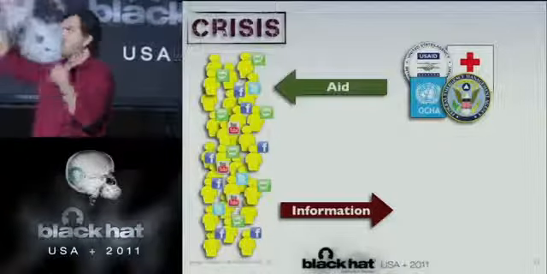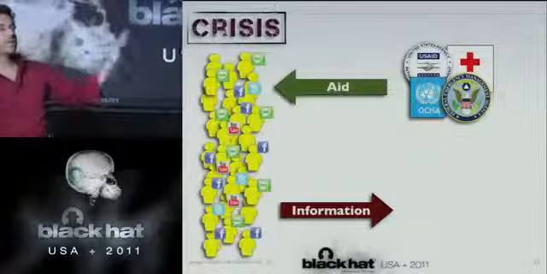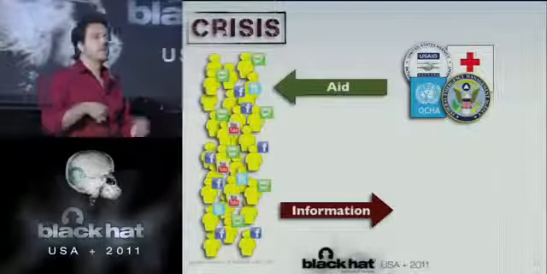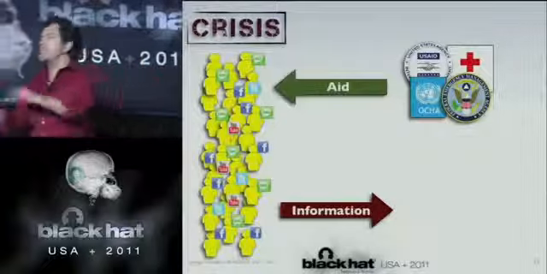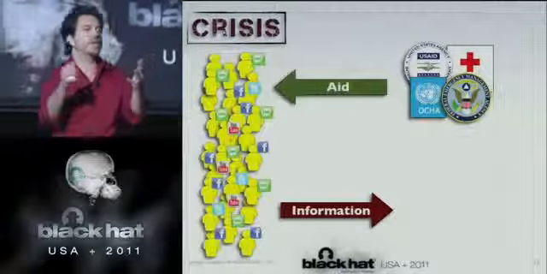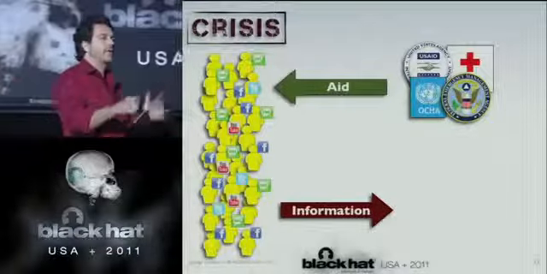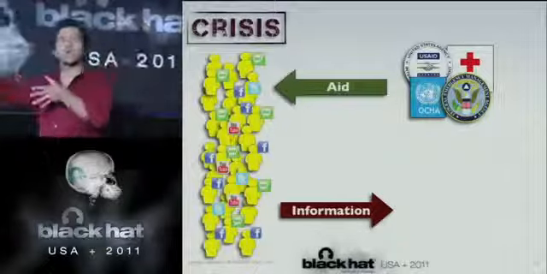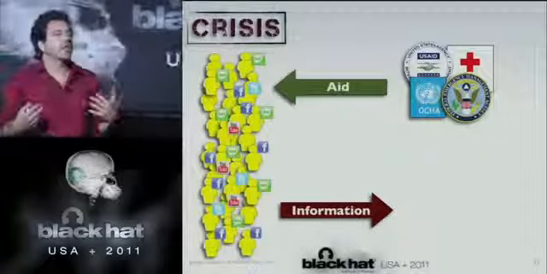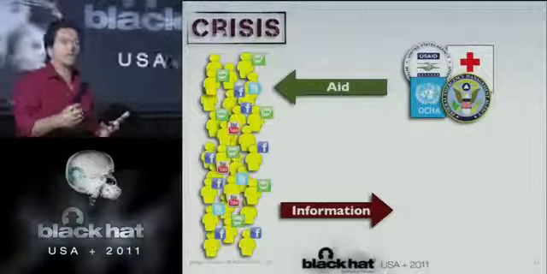Now, the big response groups, for the entire history of their existence, have delivered aid, things like food, water, shelter, medicine. They aren't used to this new internet thing. They're still grappling with the idea of the internet as a whole, let alone trying to use all this information that's coming out to help their operations.